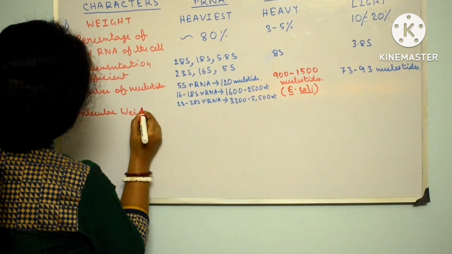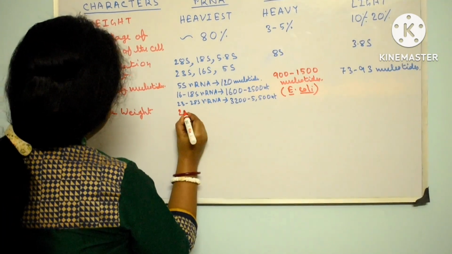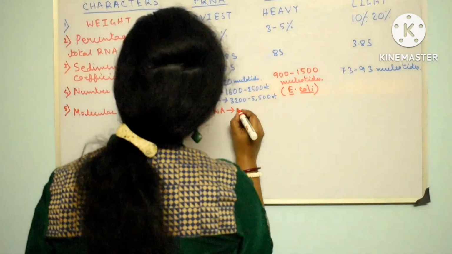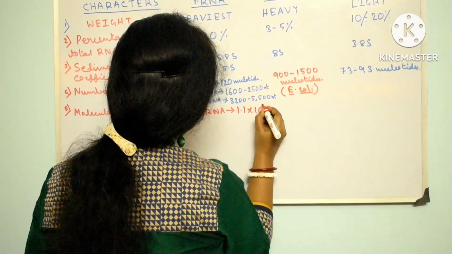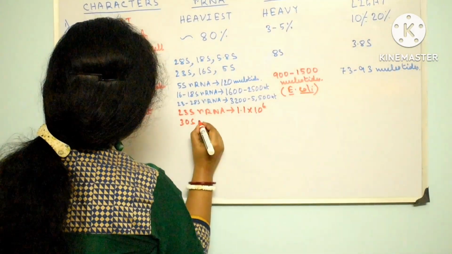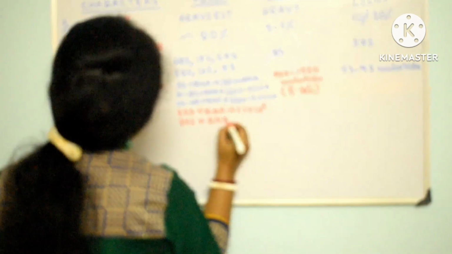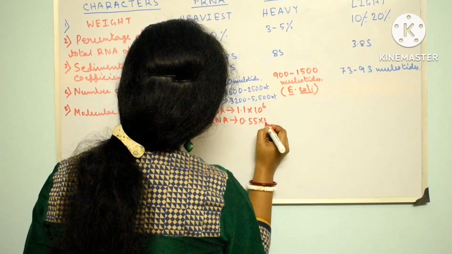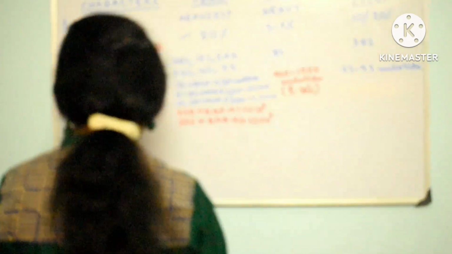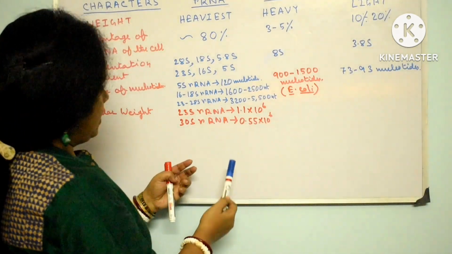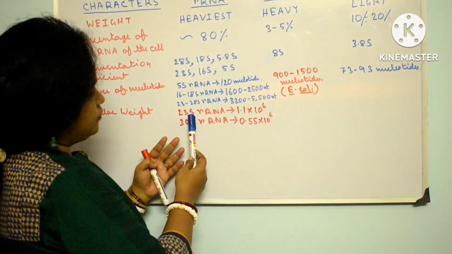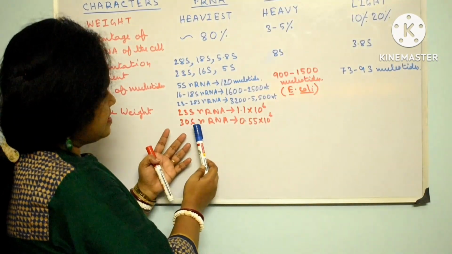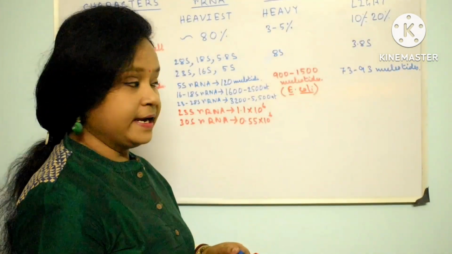Molecular weight. In case of rRNA, while considering 23S rRNA, it is 1.1 into 10 to the power 6, and while considering 30S rRNA, it is 0.55 into 10 to the power 6.